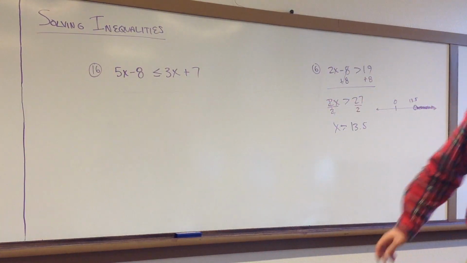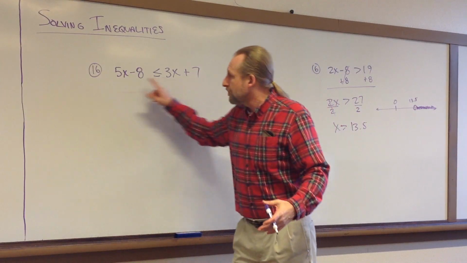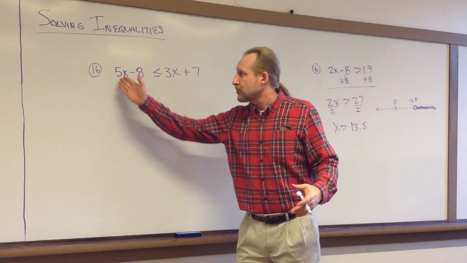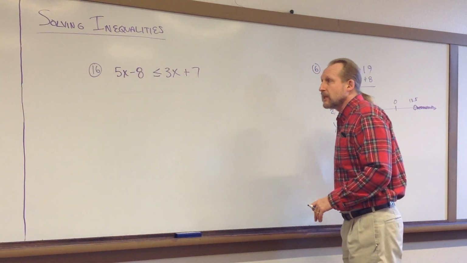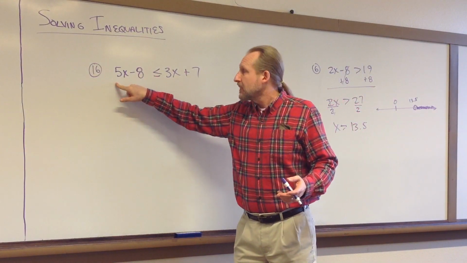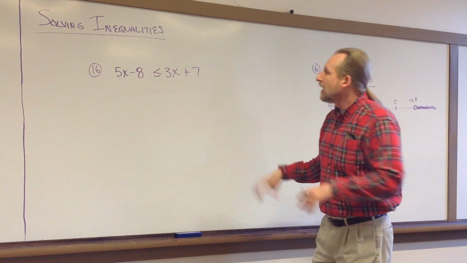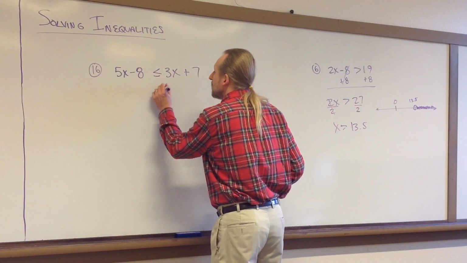Now, if I look at this problem for a minute, I can see these are both positive, so I'm going to have to subtract either one to move it to the other side. I'm going to choose to move this one over here because when I do 5 minus 3, I'll have a positive 2, and then I won't have to worry about flipping this symbol.